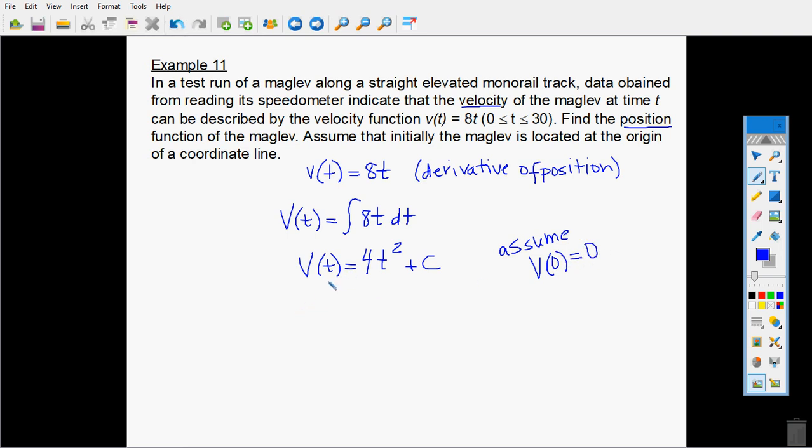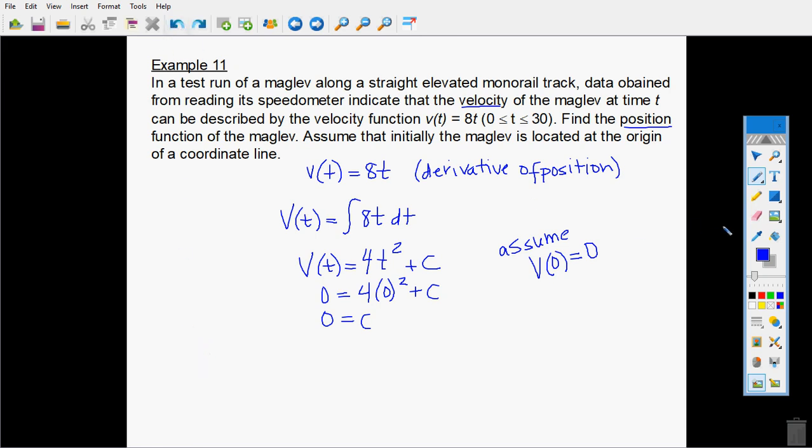In this specific function, if I plug a 0 in for t, I get C equals 0. That doesn't always happen. Don't assume that at time 0, it's always 0. But in this case, we really just have that.